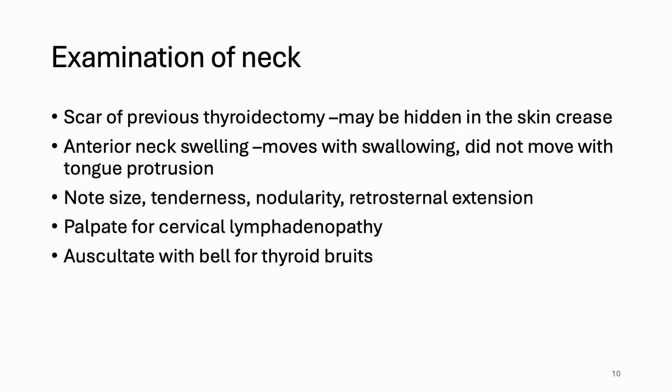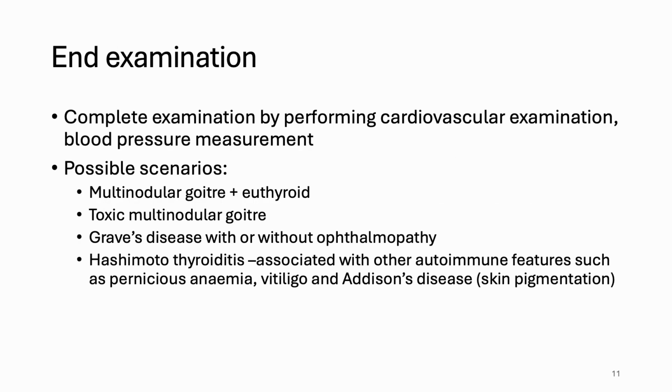You should check for the size, tenderness, nodularity, and retrosternal extension for any goiter. You should palpate for cervical lymphadenopathy, which would hint at a malignant pathology. Lastly, you would auscultate with the bell for thyroid bruit. You would conclude the thyroid examinations by measuring the blood pressure and performing a full cardiovascular examination.